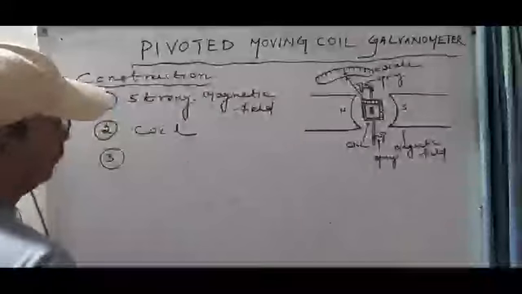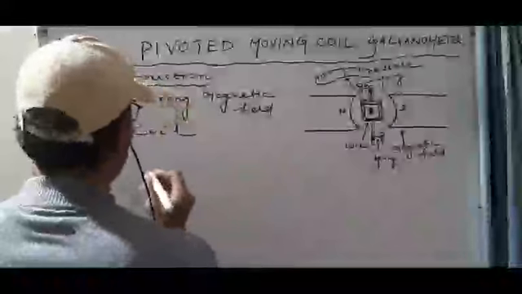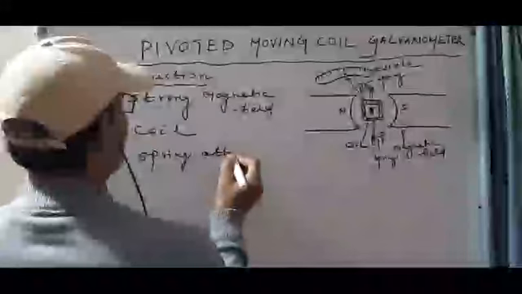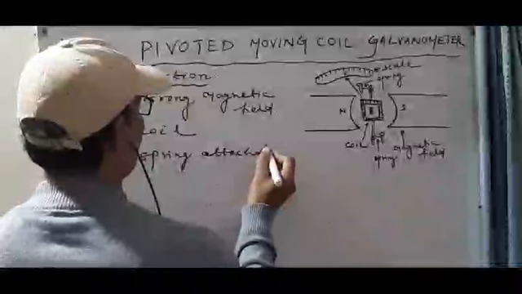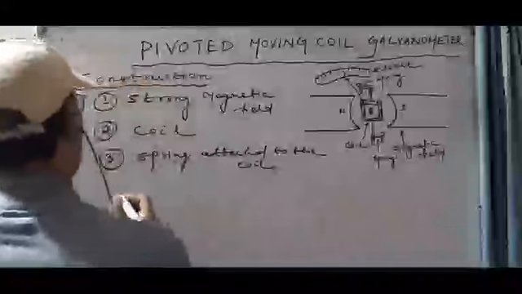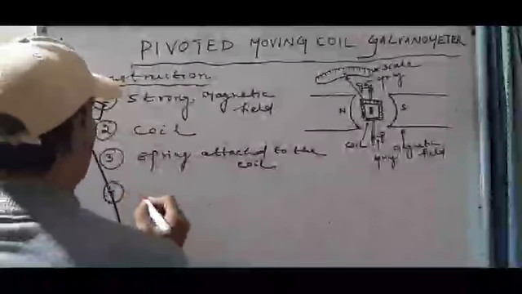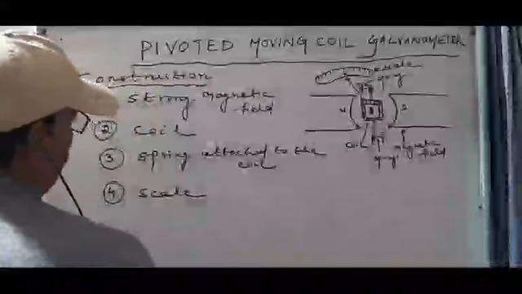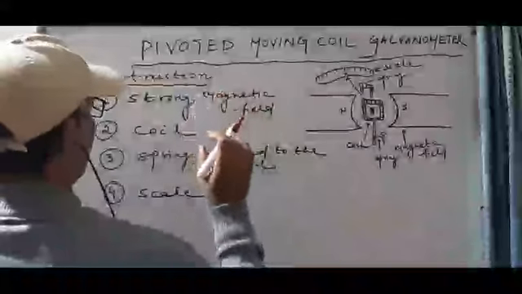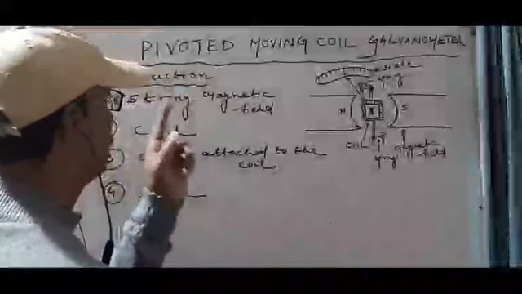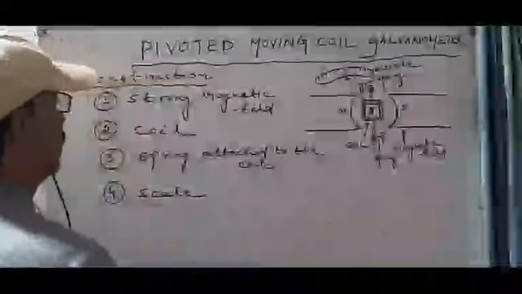Number three, spring attached to the coil. And number four, scale. These are the main components of the pivoted moving coil galvanometer.